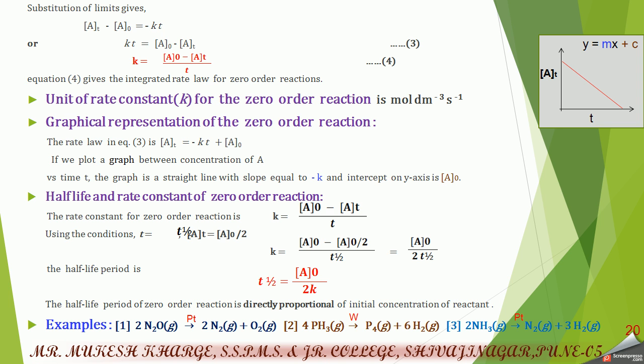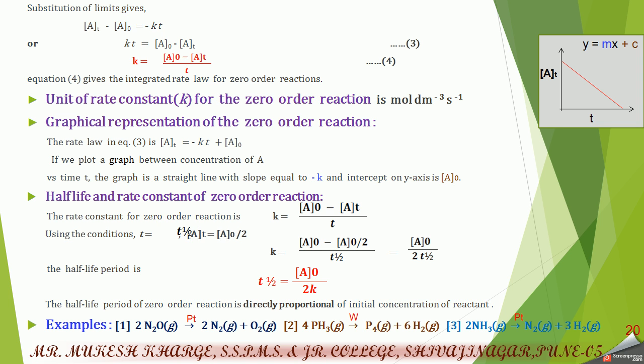Then half-life and rate constant of zero order reactions. The rate constant for zero order reaction k is equal to (A0 minus At) upon t. So when t is equal to t half, your concentration at time t is equal to half of its initial concentration, which is equal to A0 by 2.